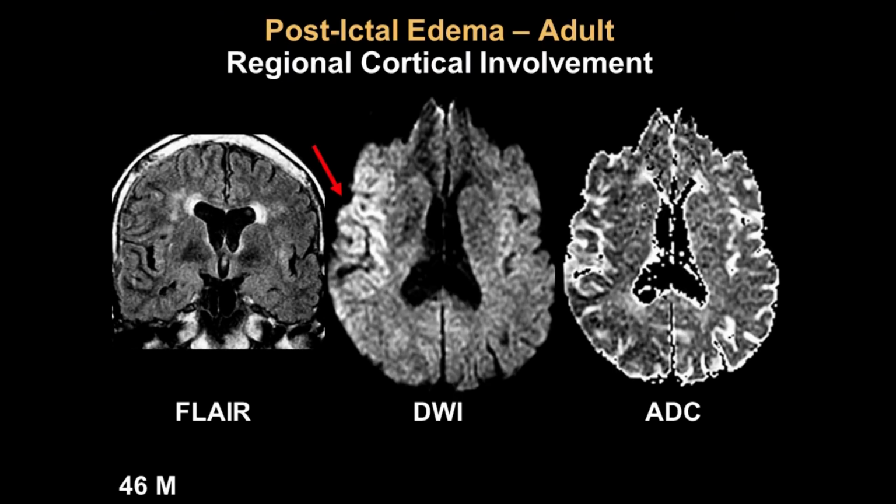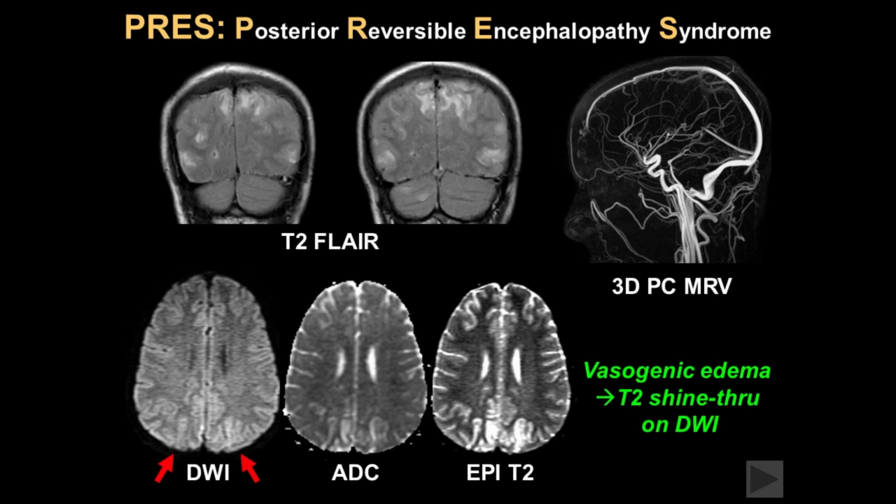Here's an adult with prolonged focal seizures, left-sided body, right-sided edema, and slight diffusion restriction, as you see here. So you may encounter this, for example, in diabetics with epilepsia partialis continua. Patients whose diabetes is out of control may have focal seizures that are prolonged and may get this sort of postictal edema pattern that will go away after their seizures are under control.